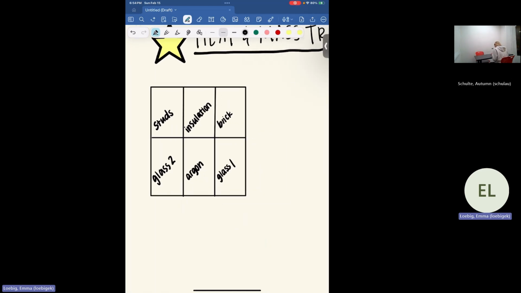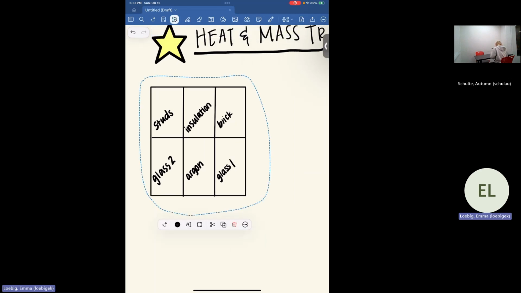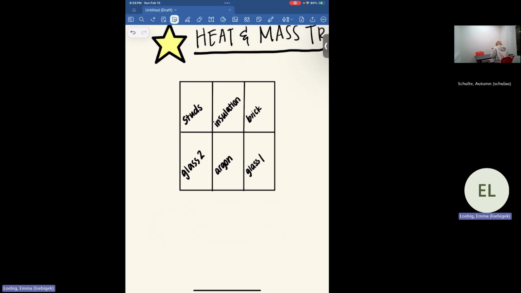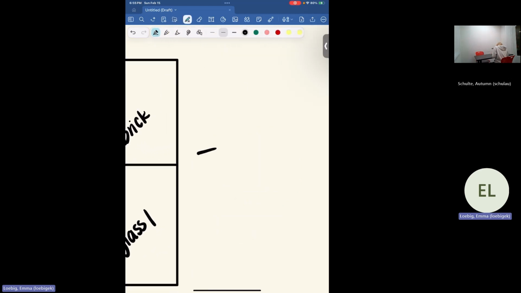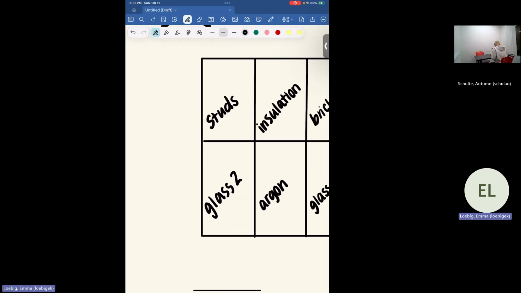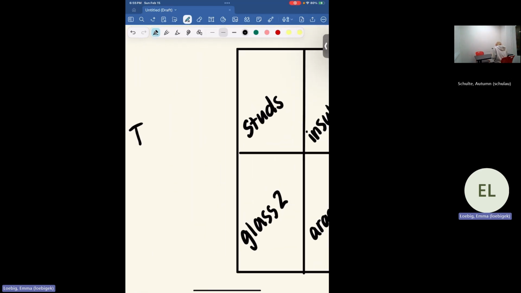And then we're going to have 2 different temperatures on either side. We're going to denote the temperature on the right as the temperature on the outside, so outside air. And this temperature is going to be from the inside air.